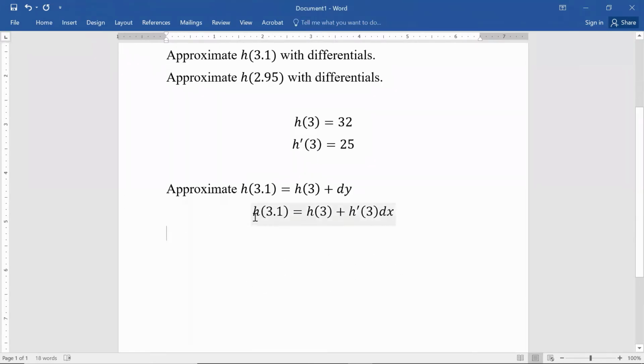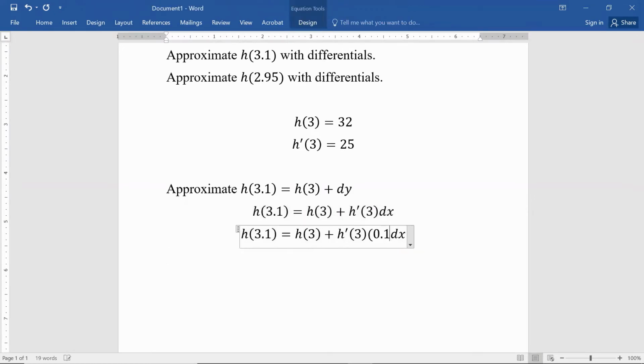In my case, since we started at 3, that change in x is simply 0.1. So going from 3 to 3.1 is a change of 0.1 in the x value.